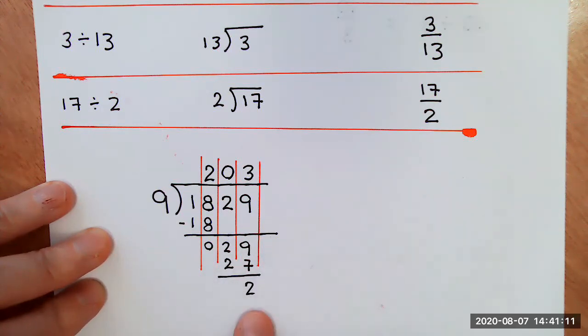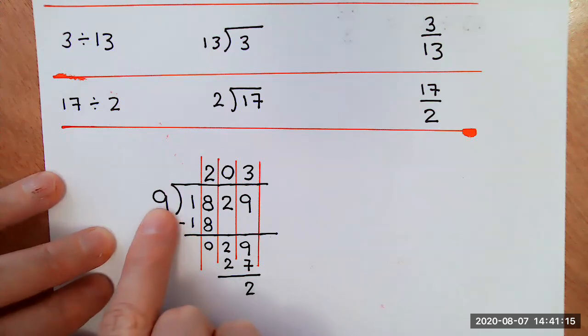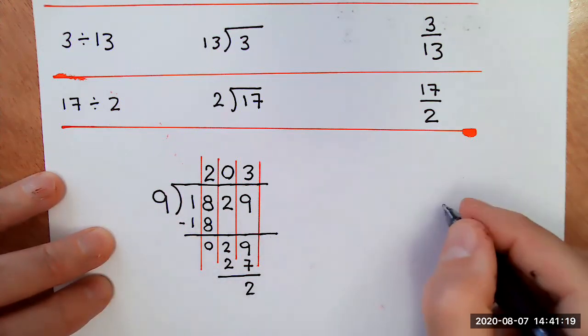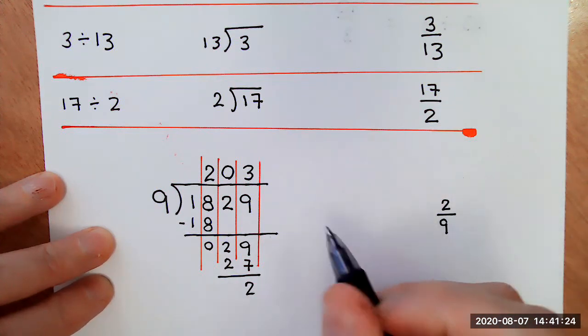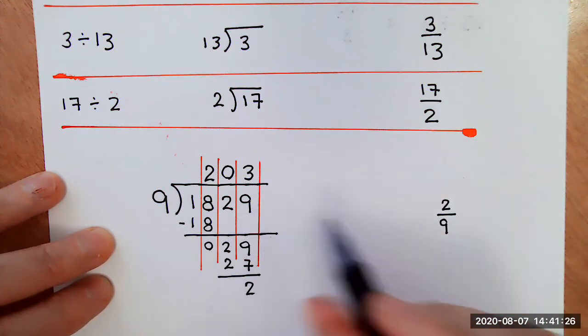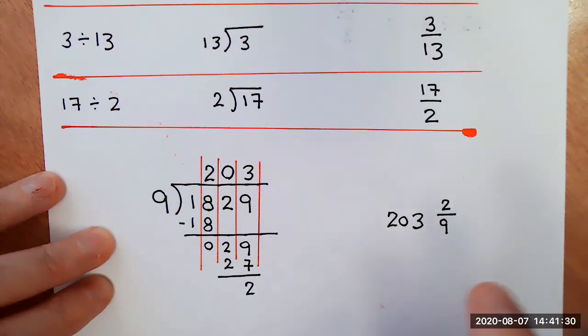And the remainder is 2. So the 2 is still being divided by 9. 2 divided by 9 is written as this fraction. So 9 goes into 1829 203 times, and the remainder is 2/9.